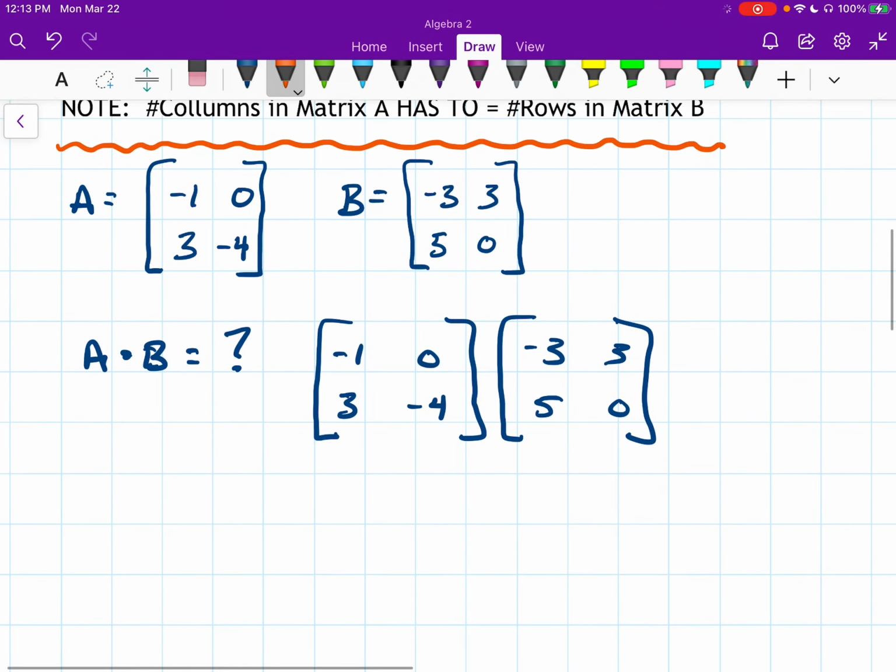Now we should talk about the dimensions. These are both 2 by 2s. The insides are both 2, so we're good. We're able to multiply these together. If those aren't the same number, then you have to say you cannot multiply them. On the homework, it says to say product undefined, okay? Our new matrix is going to be a 2 by 2.